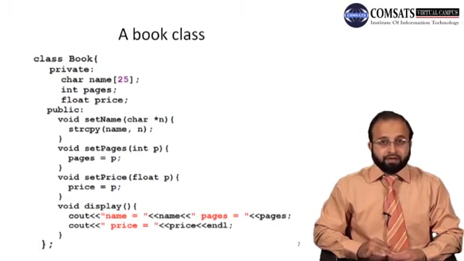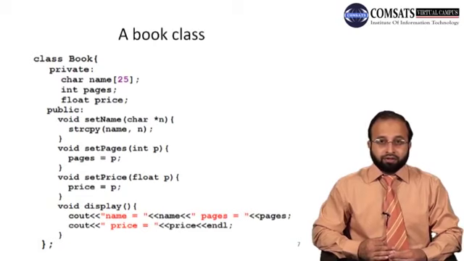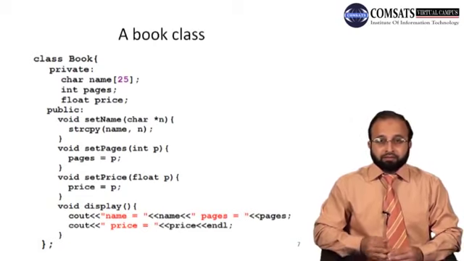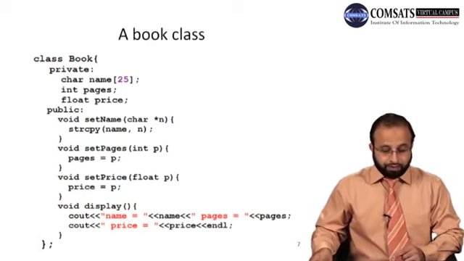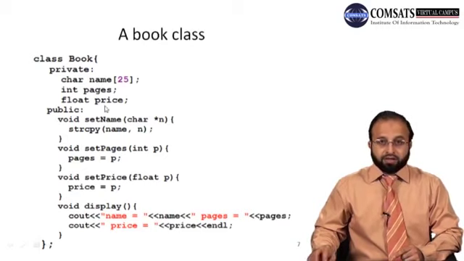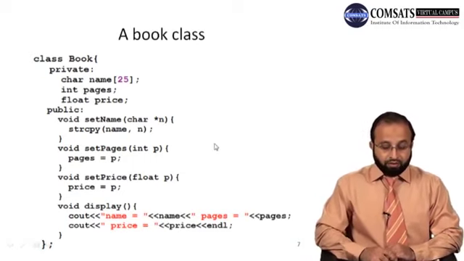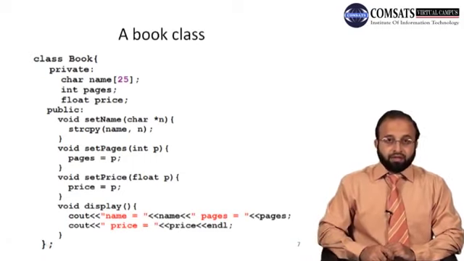If something is private within the definition of the class, whether it is a data member or any function, then that private member will not be accessible outside the definition of the class, right? So you cannot access name, pages, and price outside the definition of the class. You can only access name, pages, and price within the definition.